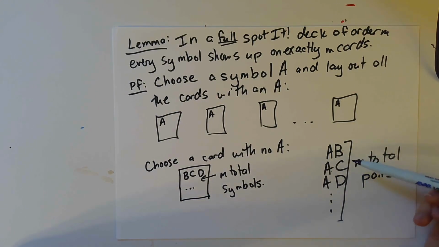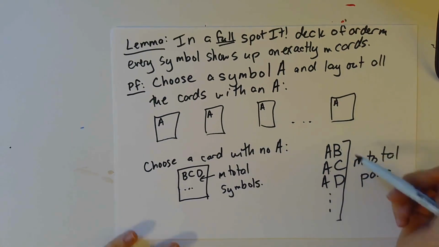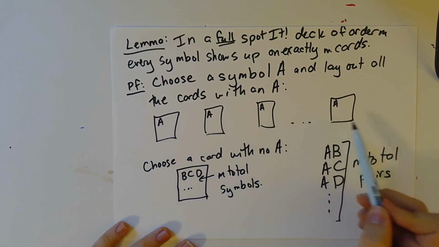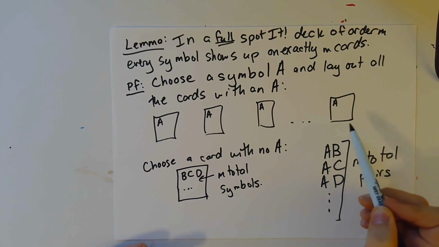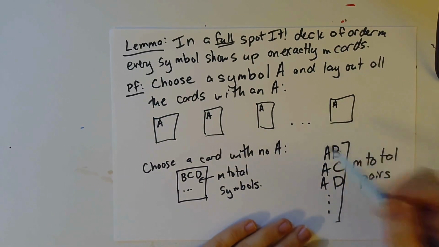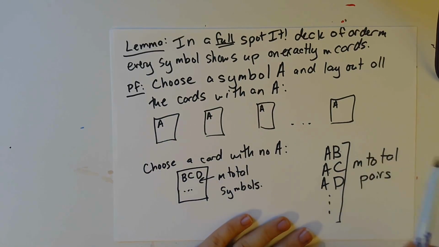And now BC, the pair, actually shows up on this card, as well as one of these cards, and that's bad. So all M pairs have to show up on one of these cards and a different one of these cards. So that shows me that there are at least M cards with an A on it.